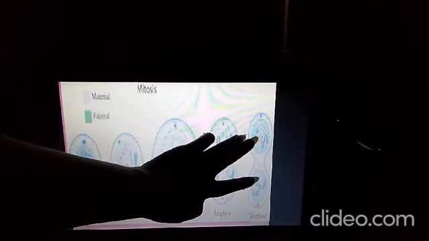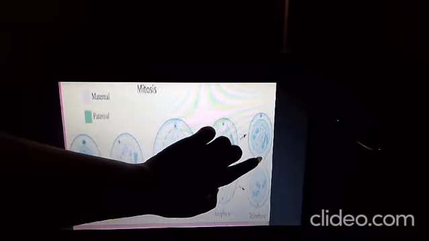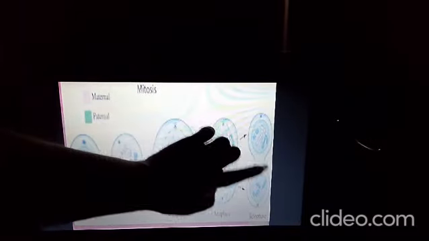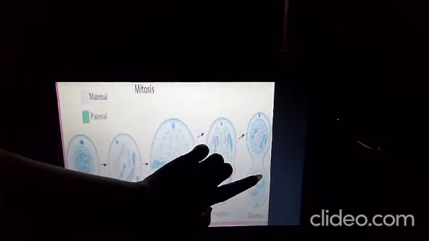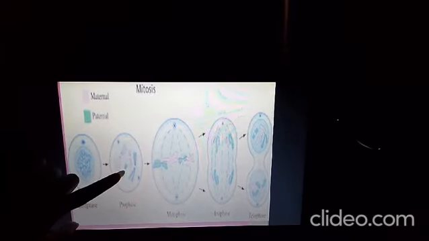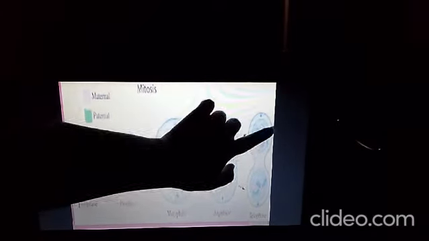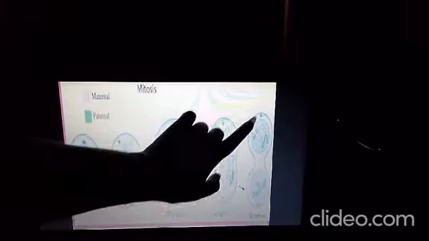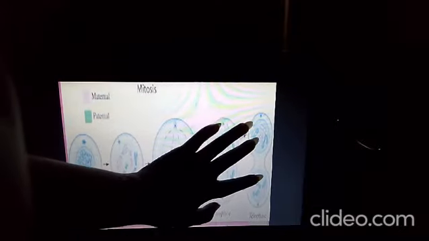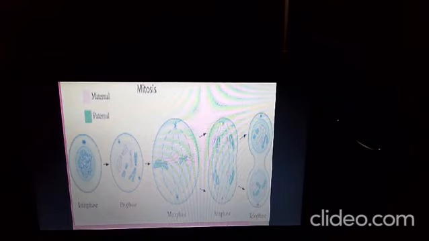The two daughter cells have the nuclear envelope, which disappeared in prophase. Again it comes back in the last phase, which is the telophase, and both daughter cells have the same number of chromosomes.